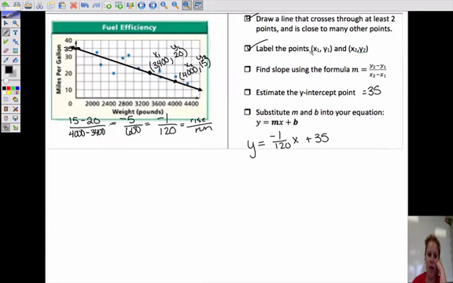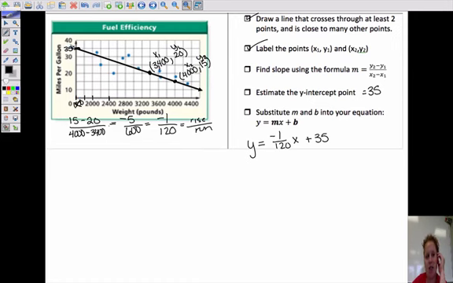Fuel efficiency. If your car weighed 0 pounds, now this one's interesting because notice we're counting here by 400, so each of these is 200. So this really isn't 0, right? This would be 1,800, right? So this y-intercept doesn't really mean what it should mean. But the real y-intercept would be when the car is 0 pounds, what would the fuel efficiency be?